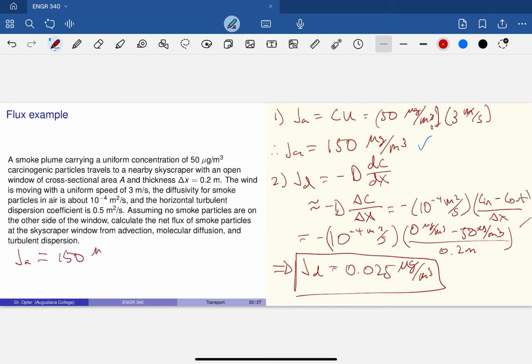So 150 micrograms per meter cubed, JD equals 0.025 micrograms per meter cubed. And one thing I want to note here is that both of these positive fluxes indicate the flux is going into the window. So I'll just make a note here, positive flux indicates into window.